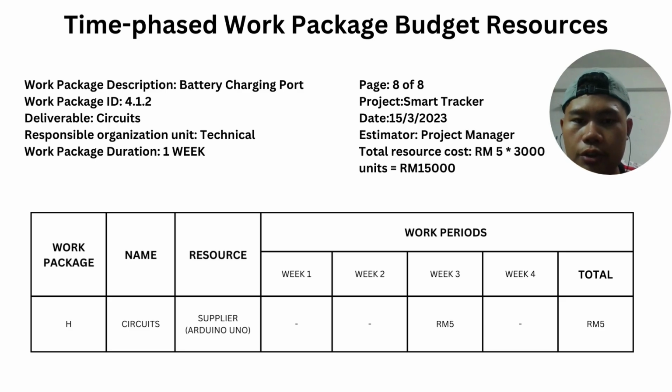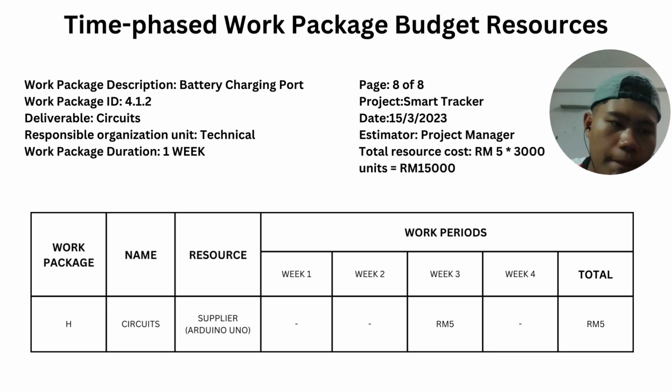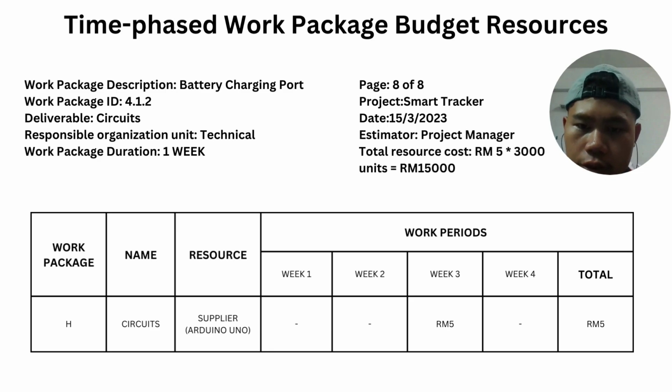The work package duration is 1 week, and the work package is also the same, H, integrated system, and the name of the resource is supplier, which is Arduino, and the total resource cost is RM5 in week 3.